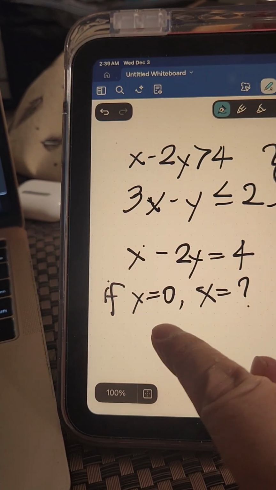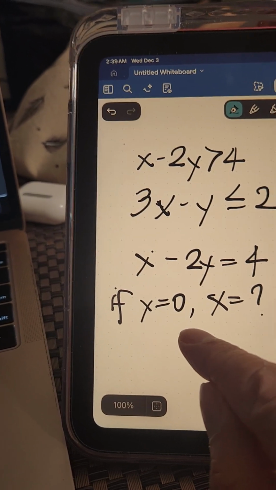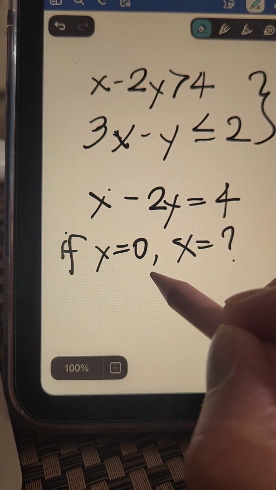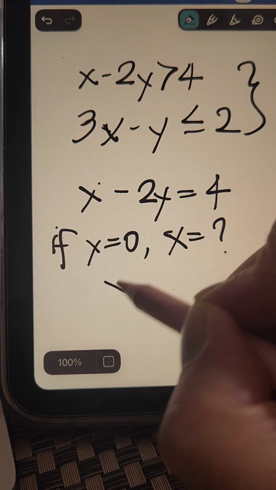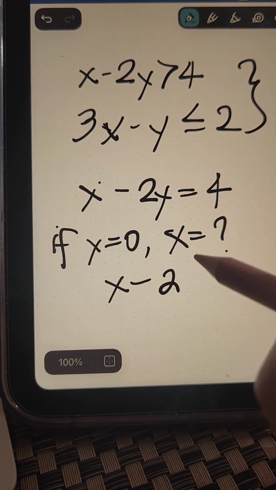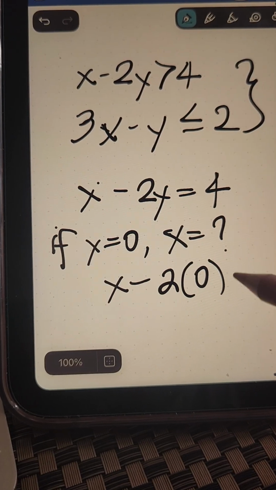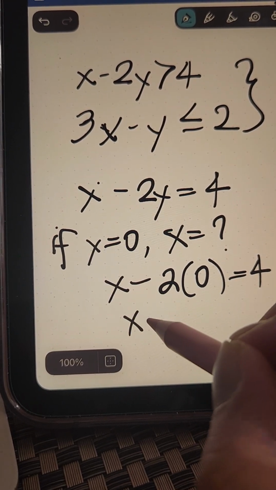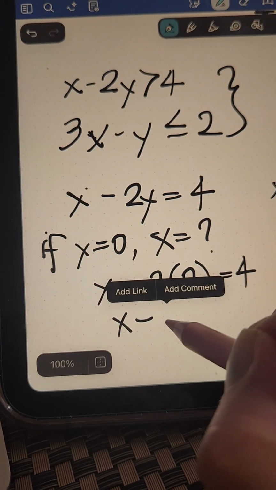Okay, so isa-substitute lang naman natin siya. So if y is 0, so that means si x, kokopyahin lang natin equation, x minus 2 times 0, 0 daw kasi si y, is equal to 4. Okay, so x minus 2 times 0 is 0, diba?